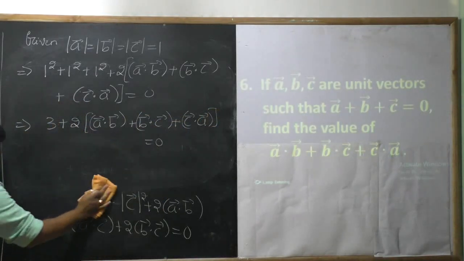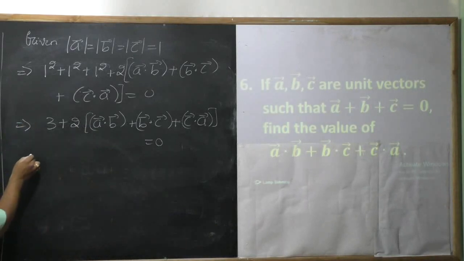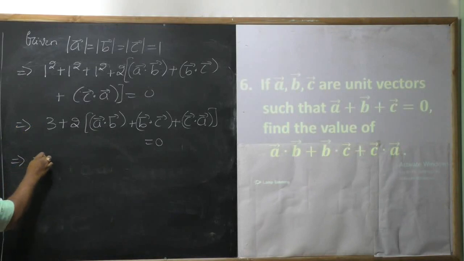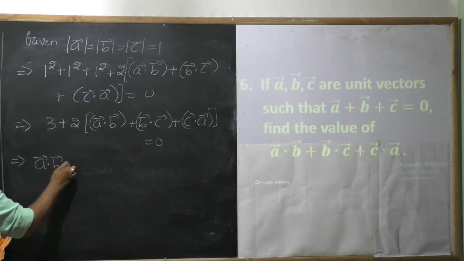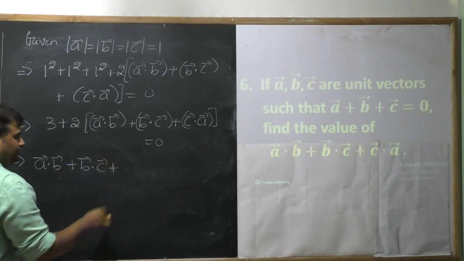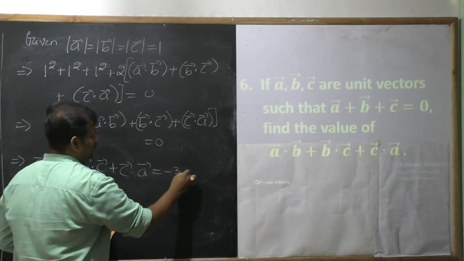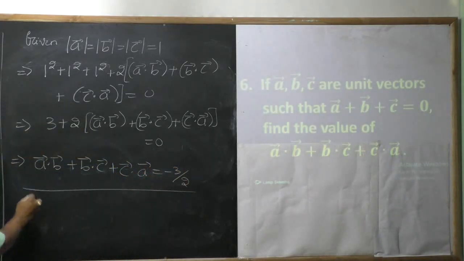I am just taking 3 to the right side. So clearly, this implies vector A dot vector B plus B dot C plus C dot A is equal to minus 3 by 2. This is the answer. The answer is minus 3 by 2.